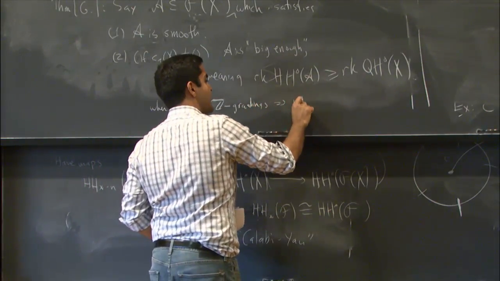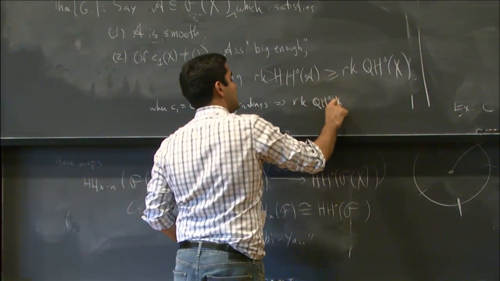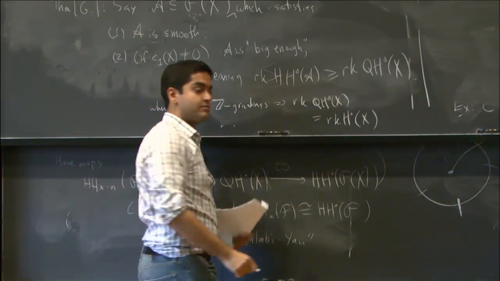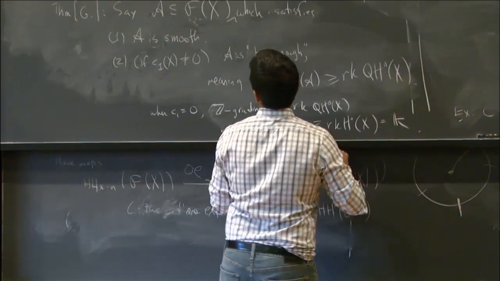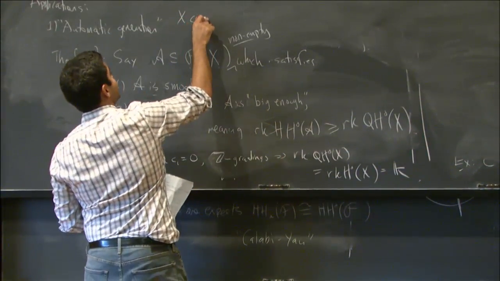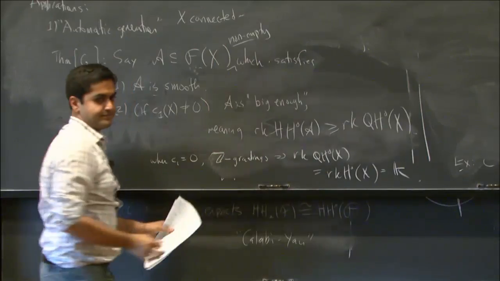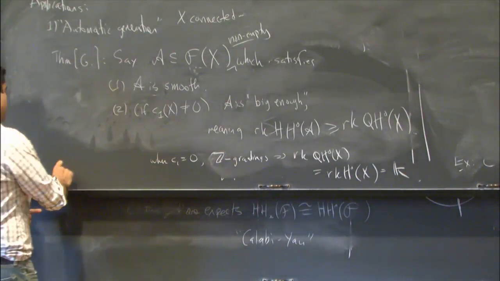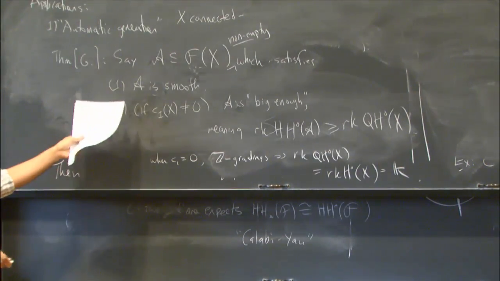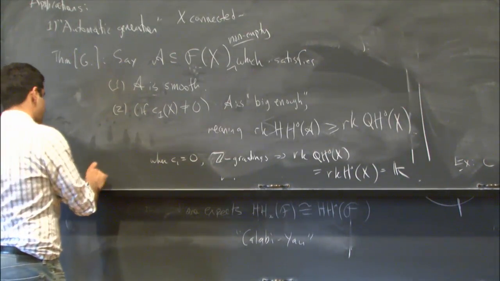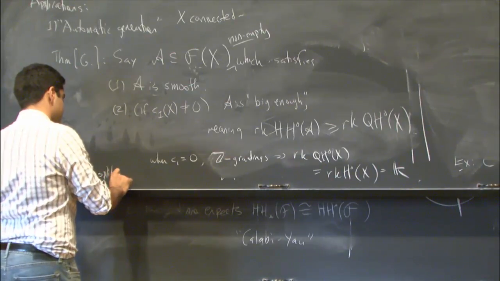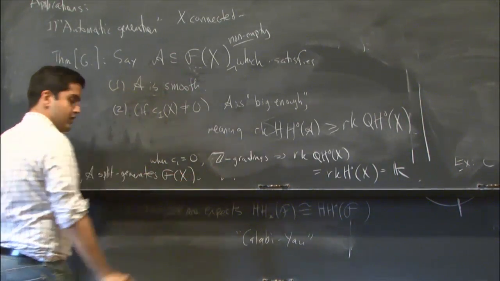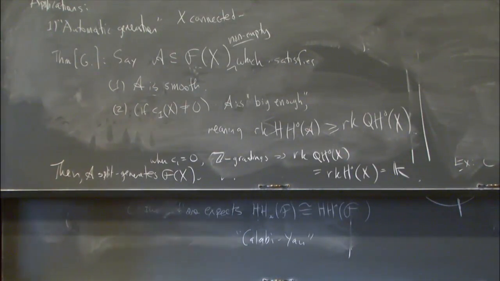That implies that the rank of QH0 is just the rank of ordinary cohomology, as opposed to H even or something, which is 1. Maybe I should have assumed X was connected. Then, if A satisfies both of these conditions, A split generates the Fukaya category.